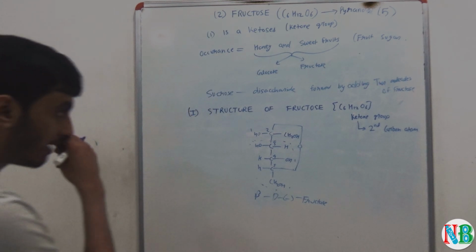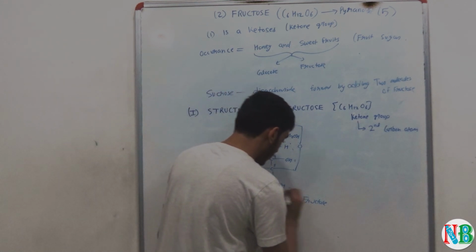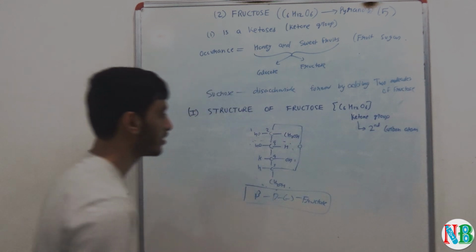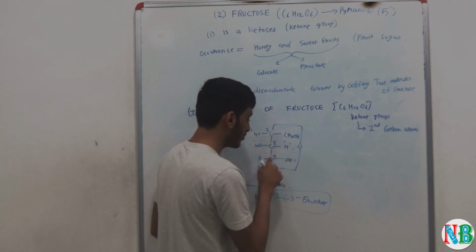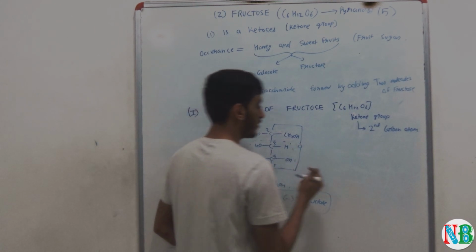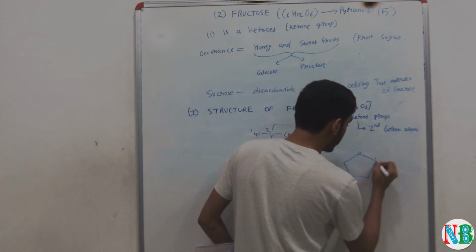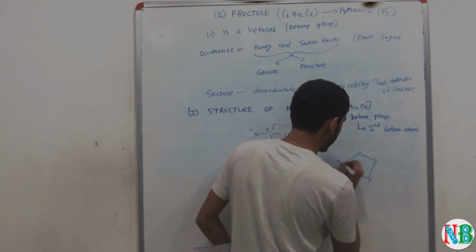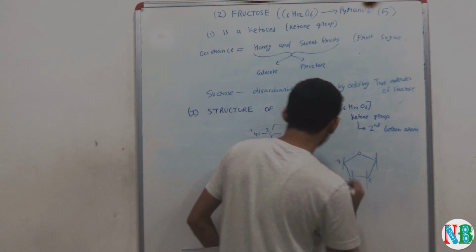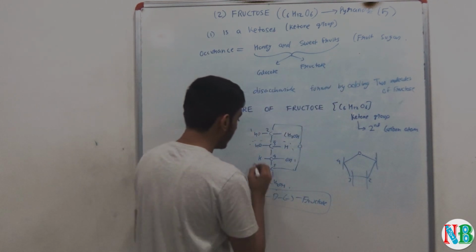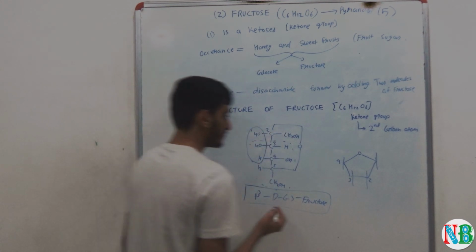Now we have to draw the Haworth. Suppose I have to draw the Haworth structure for this beta-D-fructose. The first thing, the chain has how many atoms? 1, 2, 3, 4 and 5. So you draw it like this, one oxygen like this. Number it 1, 2, 3, 4. Draw straight lines like this. The ones on the left are to be on the top.